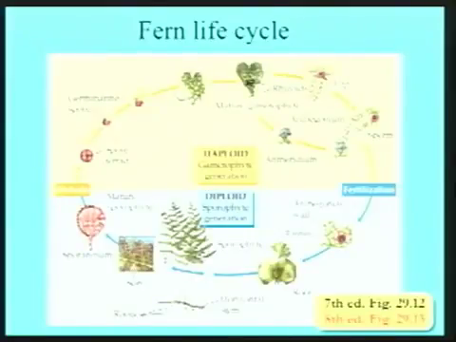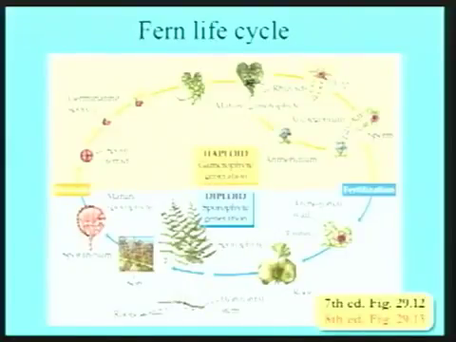And here you can see a typical fern gametophyte. And this is usually an extremely tiny organism that you would easily overlook unless you're down on your hands and knees digging around in the soil. And oftentimes the fern gametophyte is heart-shaped like this. That's not always true. And they're often photosynthetic. Some of them are actually found underground, and they don't photosynthesize at all.